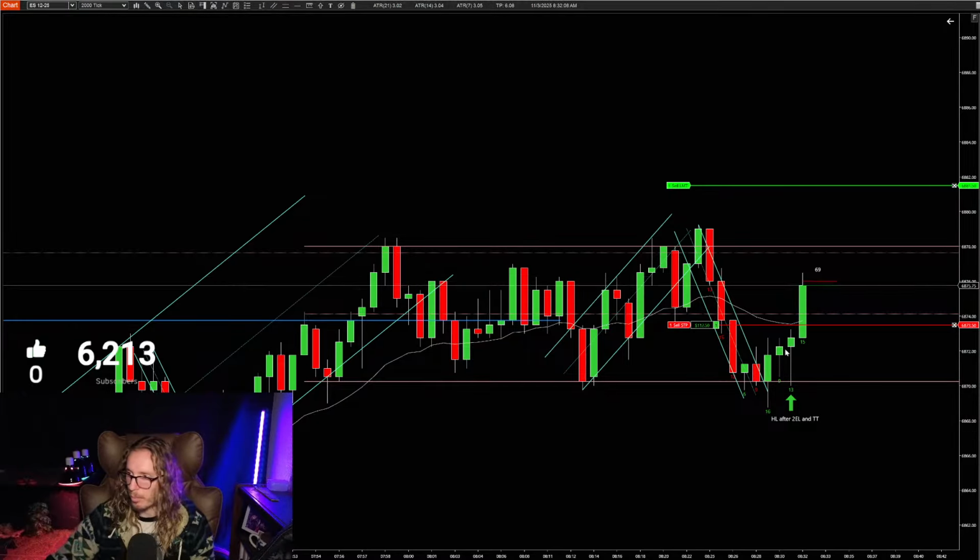Trade just set up just now, so there we go. Really nice setup here. And we'll see how far this wants to go. I'm going to move my runner here soon.